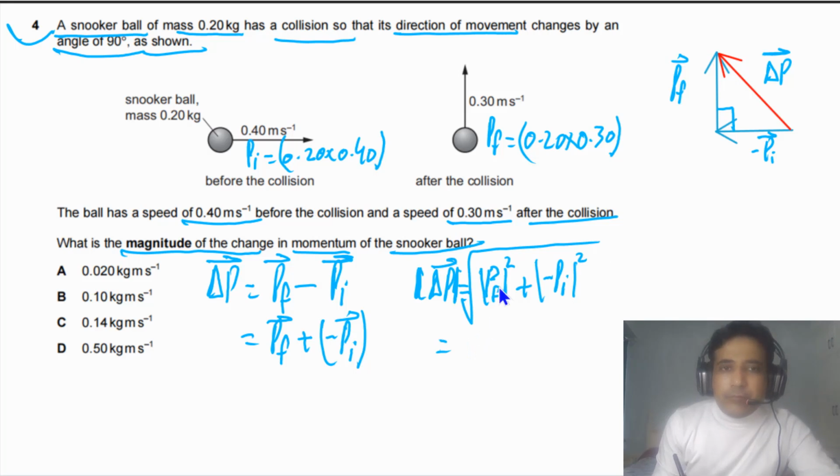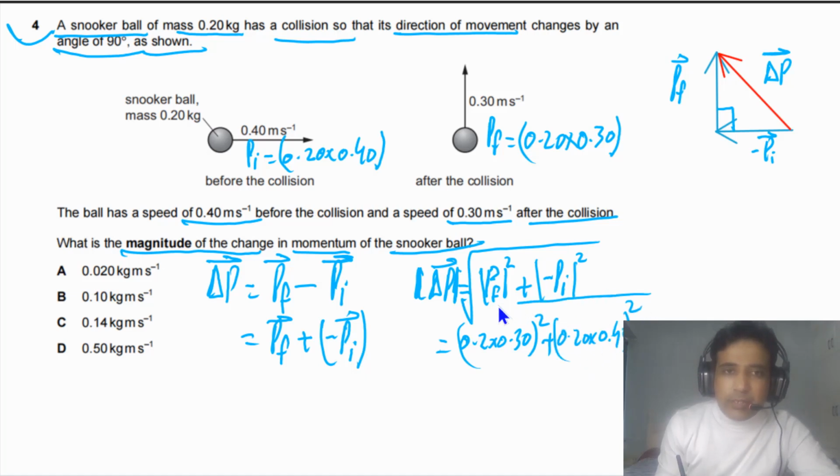Now if we plug in values for P final, this is 0.2 times 0.30, squared, plus 0.20 multiplied by 0.40, squared. If we take the square root, our final answer will be equal to 0.10 kg m/s.